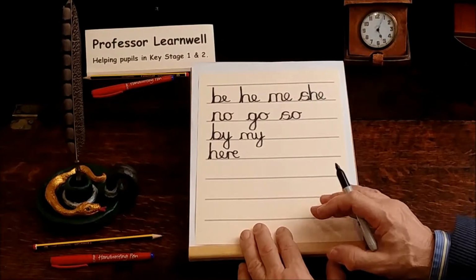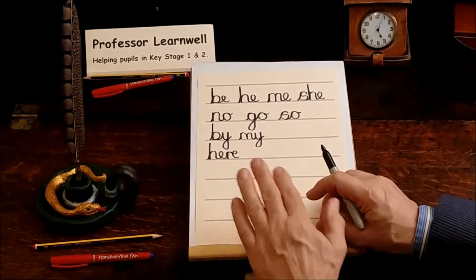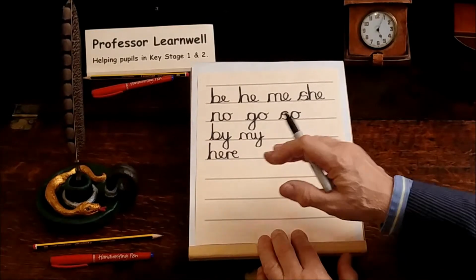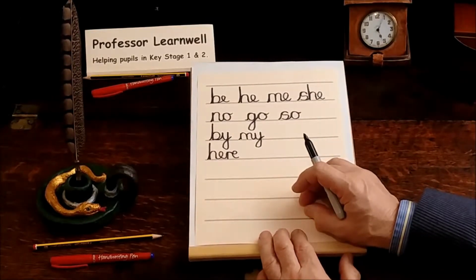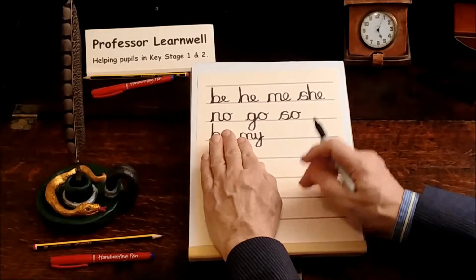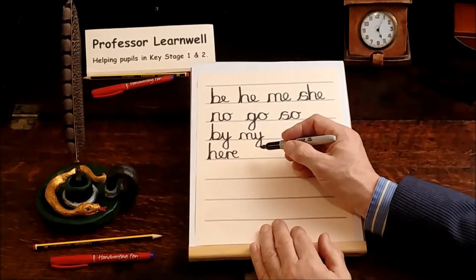So remember I taught you in the previous video the look, cover, write and check method. So just before you cover, say the letters in your mind. H-E-R-E, cover, H-E-R-E, write them down, lift and check.